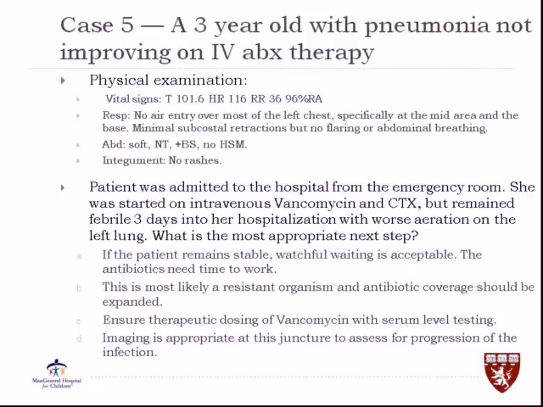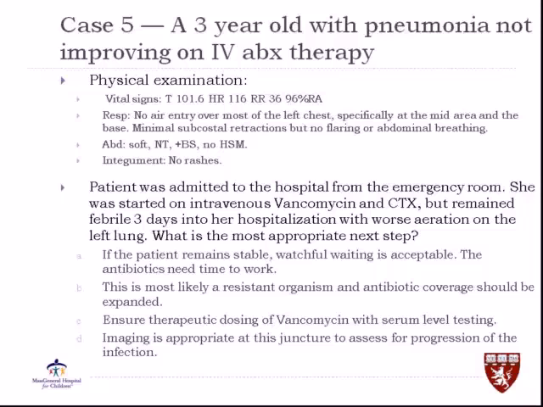So the child was admitted to the hospital. From the emergency room, she was started on intravenous vancomycin and intravenous ceftriaxone, but remained febrile 3 days into her hospitalization. Her clinical examination was not getting better. It's been 3 days now, so what is your most appropriate next step?